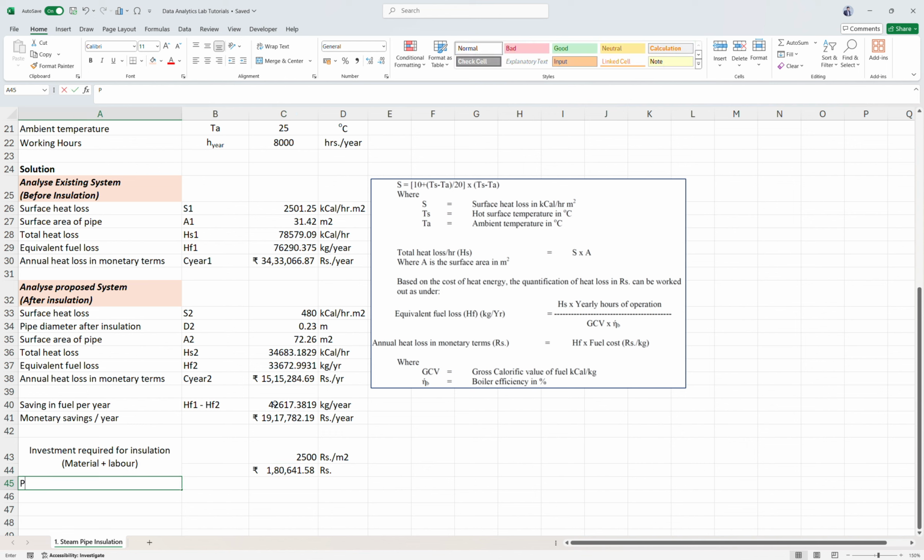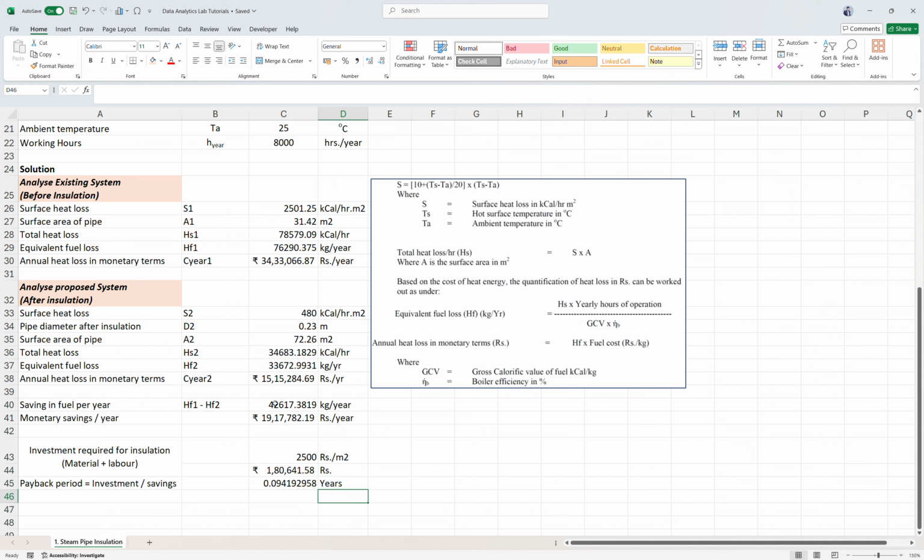So now I can calculate payback period. As we know, payback period is nothing but investment required for that initiative divided by savings accrued. So that will be equal to, this is my investment 1,80,000. I will divide it by savings accrued because of that investment or because of that energy conservation measure. So this answer I will be getting in years.